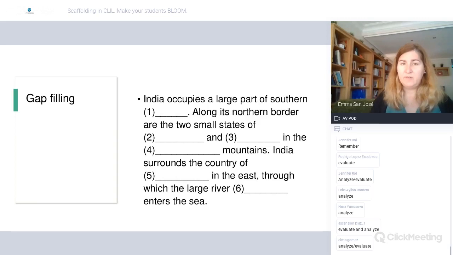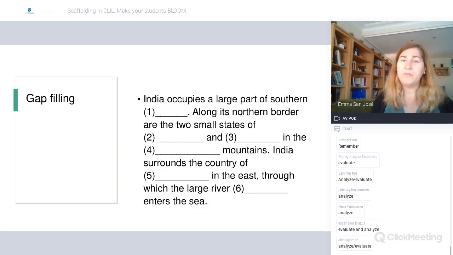The students that are more challenged intellectually will be able to at least do the lower order thinking skills activities, and they will have to know the content anyway, the minimum content that we have just analyzed. And then there are other students that will be able to go further, and of course their marks will be different.